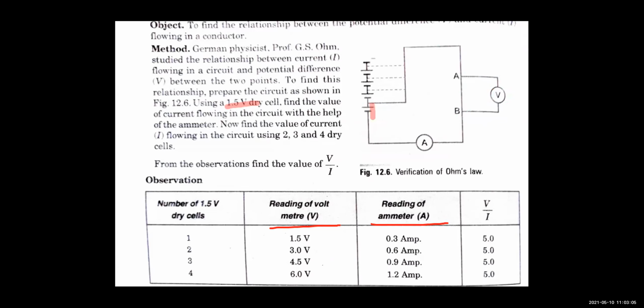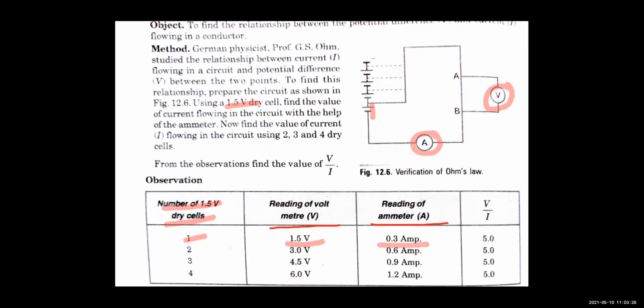So number of cells connected, 1. So in the voltmeter, you saw the reading as 1.5 volt because you had connected one cell and that cell is of 1.5 volt. And you noted the reading of current in the ammeter and you saw the current reading to be 0.3 ampere.